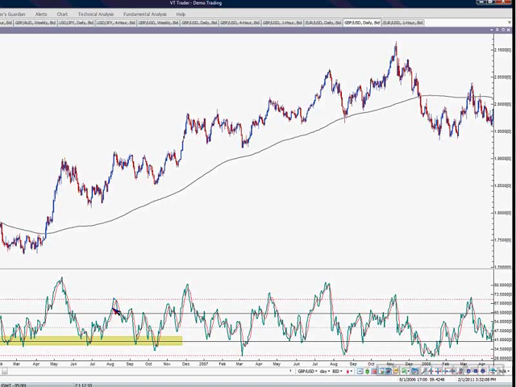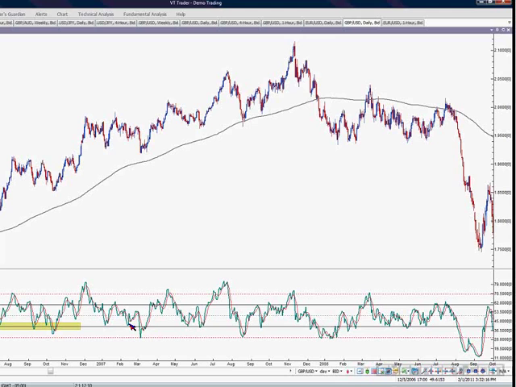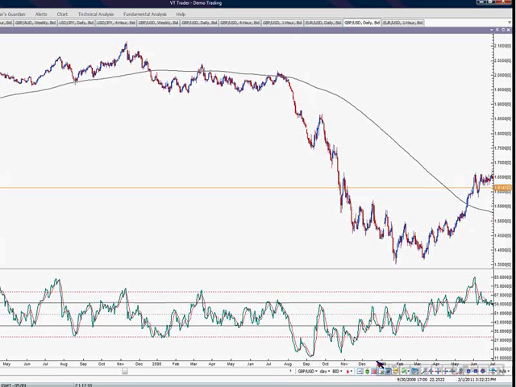Now this pair was very choppy, as the RSI reflects. Now back after 2008, we started to decline, right? We had this bearish breakout, and this RSI has not broken below 30 in this whole period.